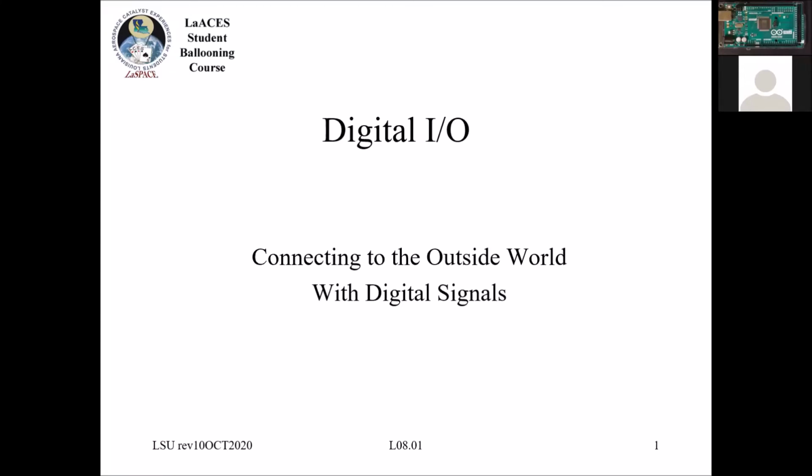What we want to talk about today is some basics about digital input and output, because while it's nice to be able to program this microcontroller, we probably want to interface it with some other pieces of hardware other than just a laptop if we're going to use it for a balloon payload.